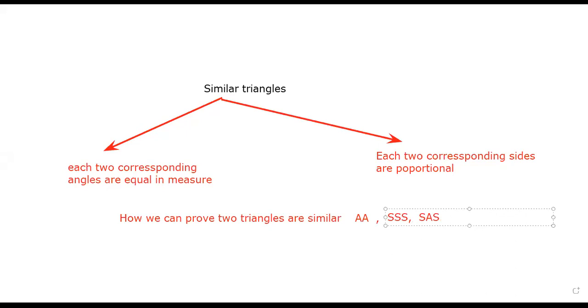Okay, then the three cases which we studied to prove that two triangles are similar are angle, angle, side, angle, side, and side, side, side. So please don't confuse the three cases for similar and congruent. We will move now to the second.